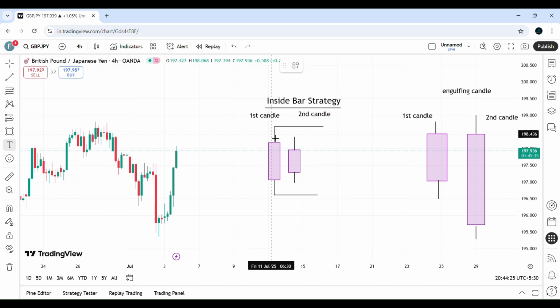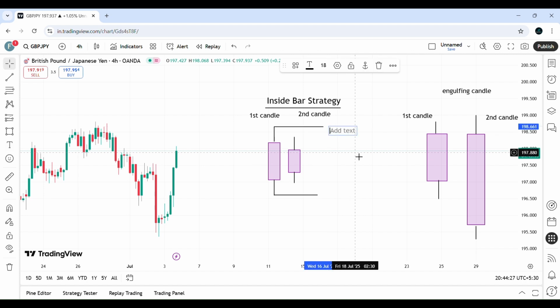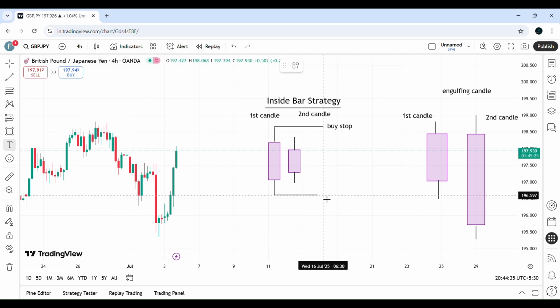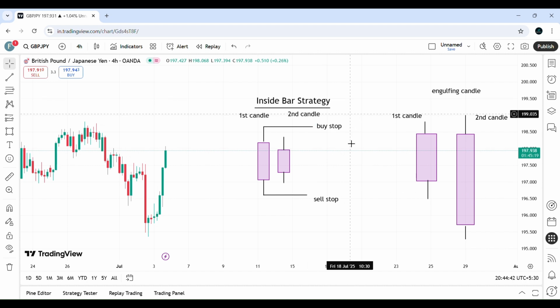This will be your buy stop, and this will be your sell stop. So your stop loss would be vice versa. If your sell stop hits, your stop loss will be right over here. If your buy stop hits, your stop loss will be right over here.